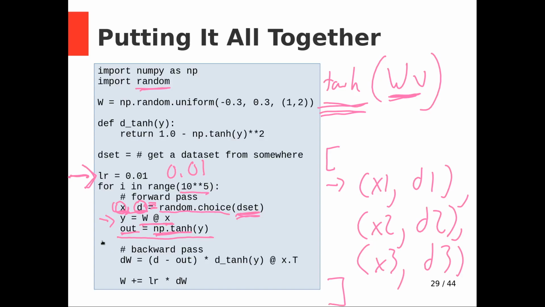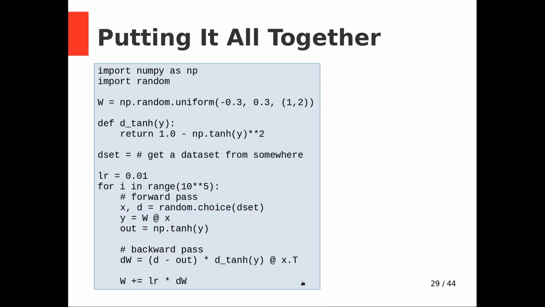Then we're going to do our backward pass. Come back to that in a second, sorry. In the backward pass, this is just the math that we had earlier. Let me clear some space here.